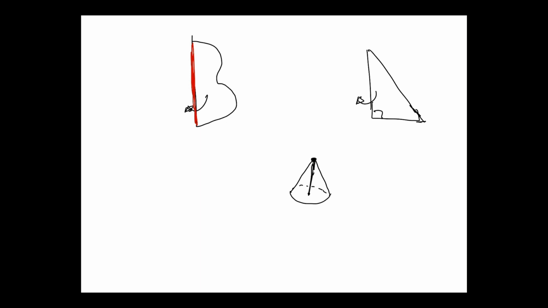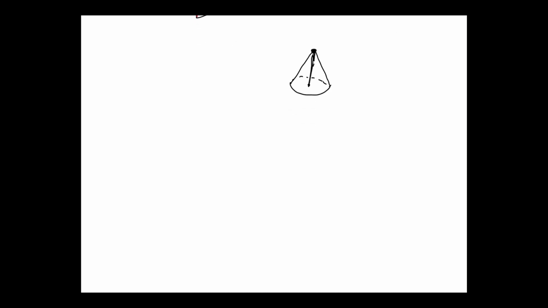Well, yes, using calculus, right? So let me come down here and draw my right triangle again. Let me call this quantity h and this quantity r. And then I need to come up with an equation for this line.